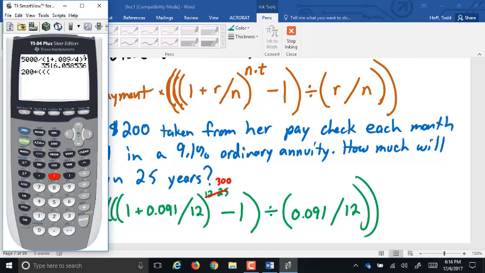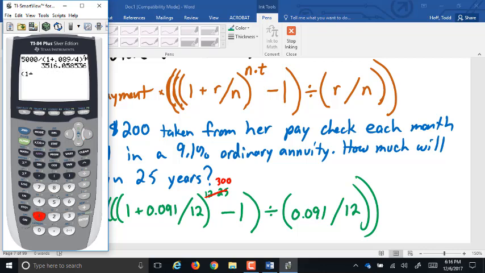So now we've got 200 on the calculator times 1, 2, 3, 1 plus 0.091 divided by 12, close, power 300. Now here's the trick. Once you get to that 300, on many of your calculators, you have to get out of the power, out of the exponent. It's either down arrow or right arrow. Most of them, it'll be the right arrow. Notice now the cursor is down where it normally would be.